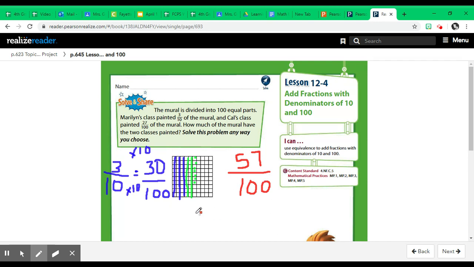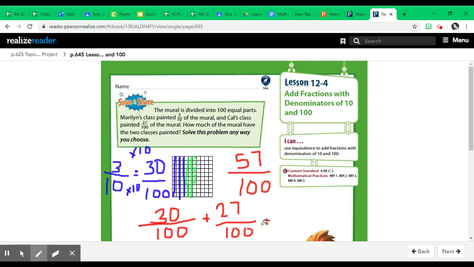You could also now create an addition sentence for these. Because you turned 3/10 into a fraction with 100 as the denominator, you now have 30 hundredths plus 27 hundredths equals.